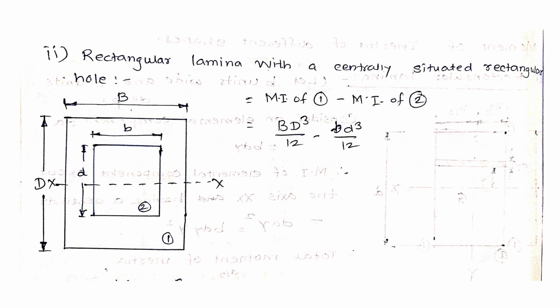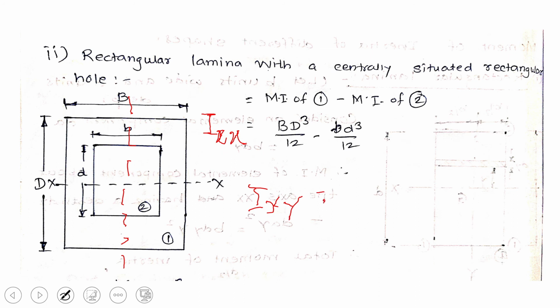When we replace this horizontal axis with the vertical one, our formula gets modified. This is Ixx, right? Similarly, we can calculate the value for Iyy, and in that case the values of b and d will just be interchanged. You can do it yourself by writing down the formula and taking the reference axis as the y-axis.